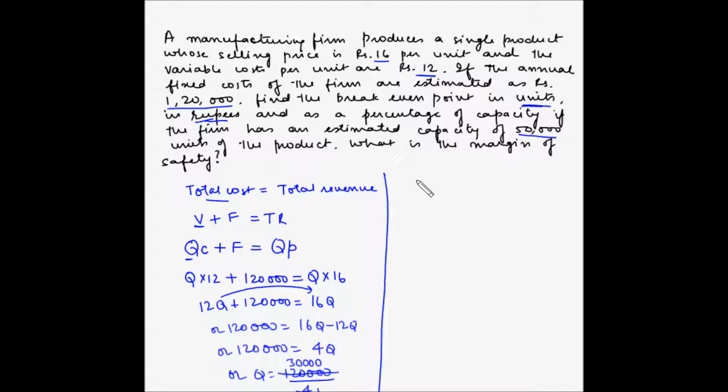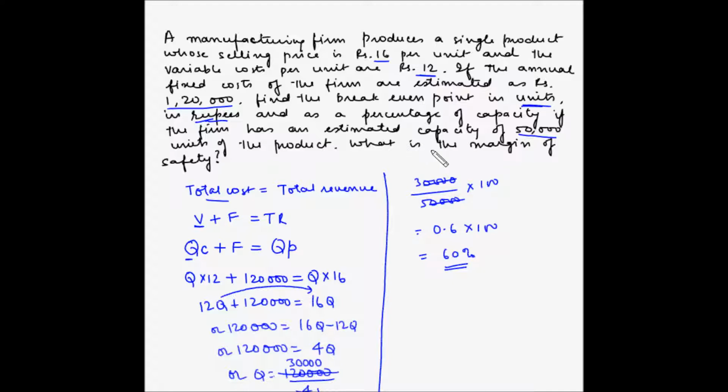So 30,000 divided by 50,000 multiplied by 100. So 3 by 5 is 0.6 and multiplied by 100, this is 60%. Or in other terms, if the firm is running at a 60% utilization, then it will be able to achieve a break-even point.